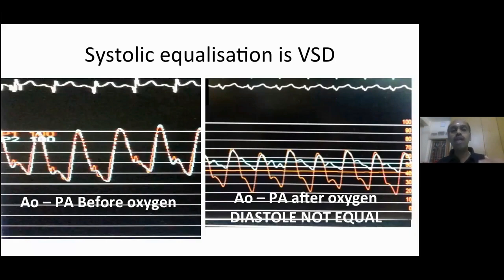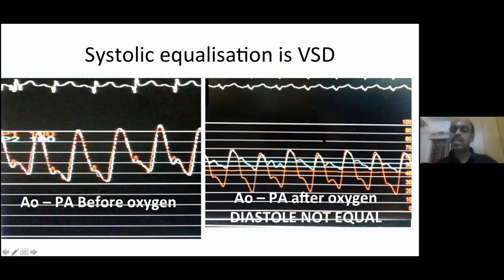So in a very, very large PDA, ideally speaking, aortic pressure and pulmonary artery pressure will be the same. But if you are inducing pulmonary vasodilatation with pulmonary vasodilators, which can be either oxygen or nitric oxide, you are going to have elevation of the aortic systolic pressure caused by a higher aortic stroke volume.